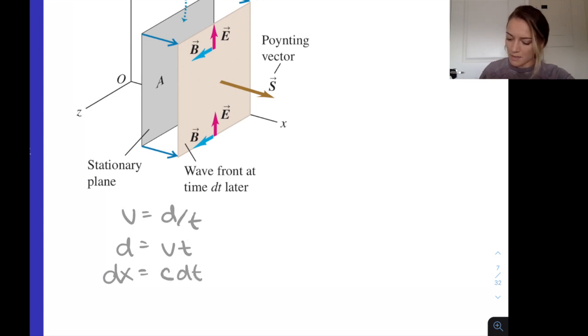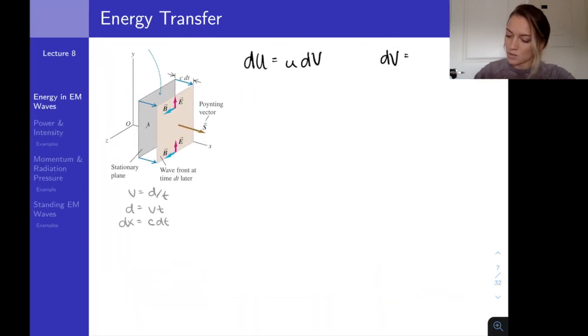In time interval dt, this wave has moved from this location, where it was at time 0, to right here a time dt later. So it has traveled c times dt distance down the x-axis. So dv we can write as c dt times the area of that plane, and that will give us the volume within here.